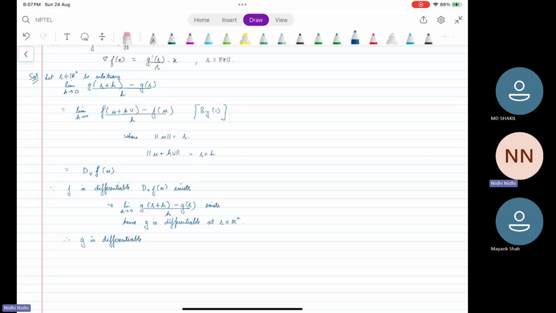So can you tell me how do we evaluate this gradient? So what is basically gradient? Is it a vector or a scalar quantity?